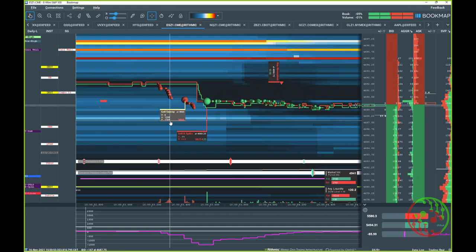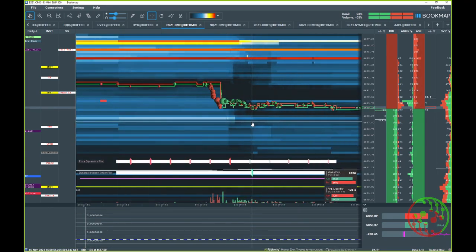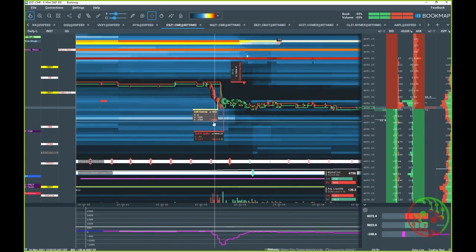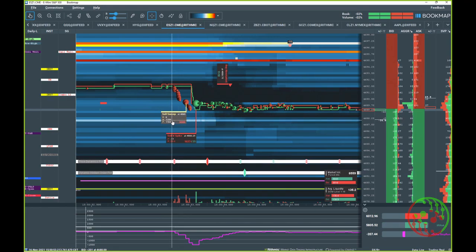So he got only 1,206, and the remaining 1,794 have been traded passively in the book.